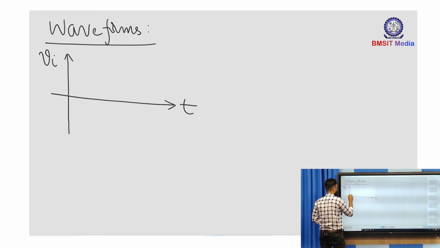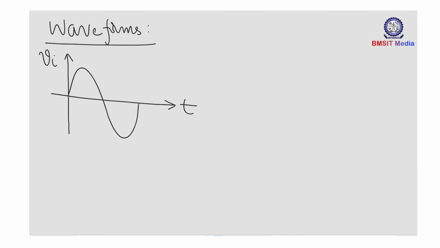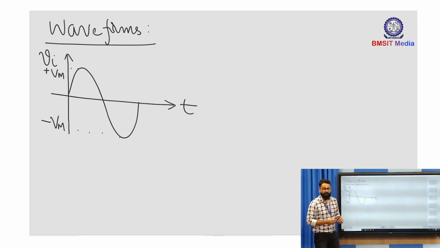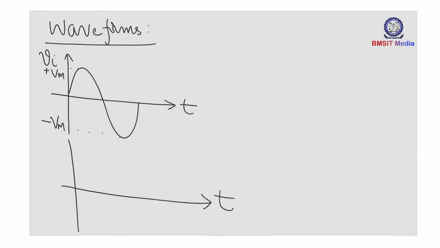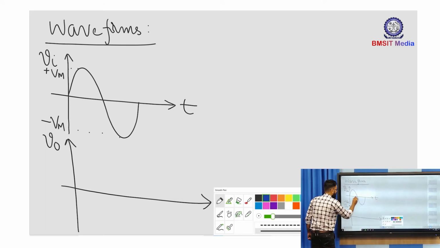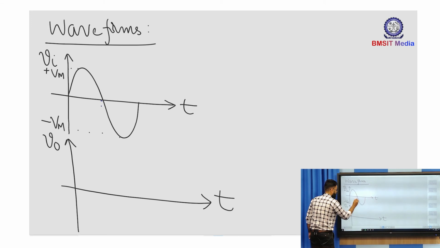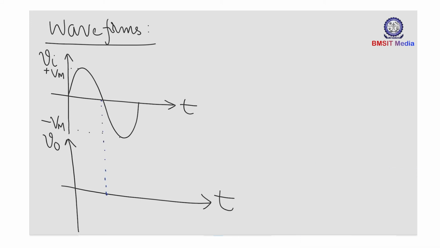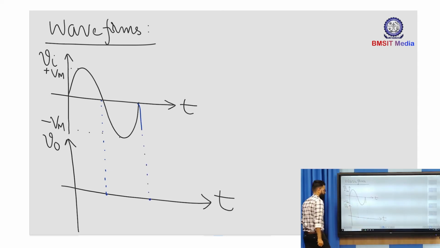So this is your input, plus Vm, minus Vm. So just below the input you plot the output. Carefully place the transition points. So this is the duration of the positive half cycle, and this is the duration of the negative half cycle.